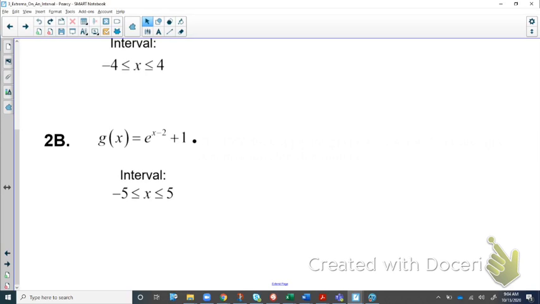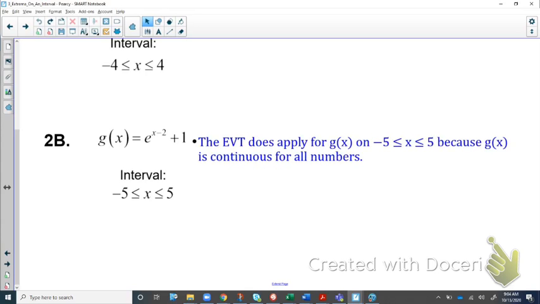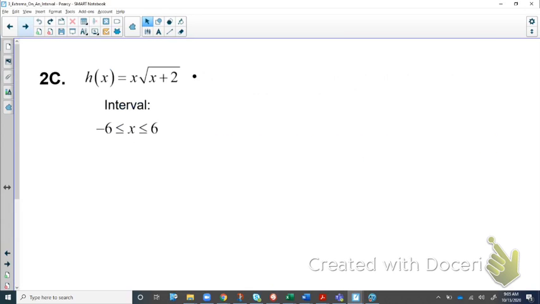And so again, I'm going to be looking at this as an exponential function that has been translated 2 spaces to the right and 1 space up. And what I know about the domain of exponential functions is that they're continuous over all real numbers. So in this case, the extreme value theorem should be applicable on the interval from -5 to +5.